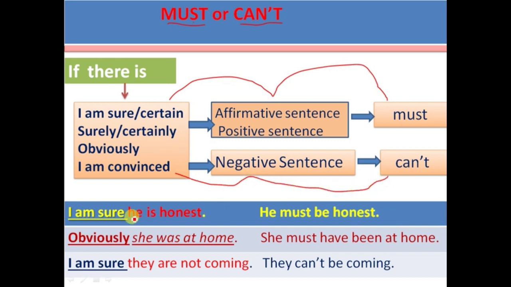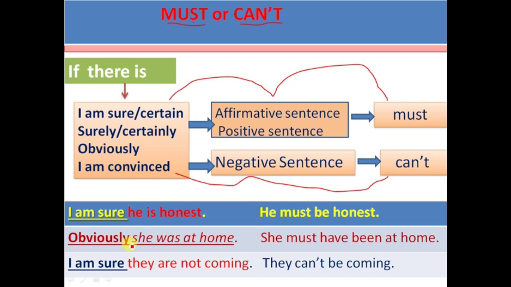For example, see, I'm sure he is honest. See here, I'm sure shows 100% certainty, that you are 100% certain that he is honest. So must: he must be honest. I'm sure, 100%, sentence positive, therefore must.